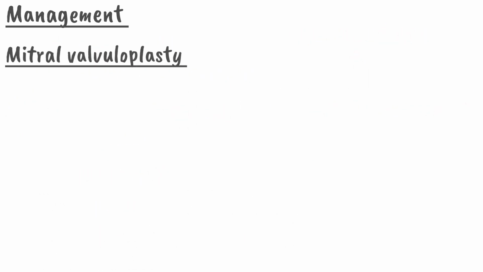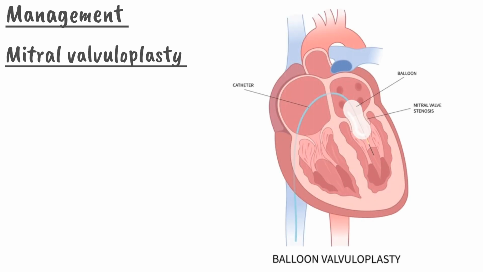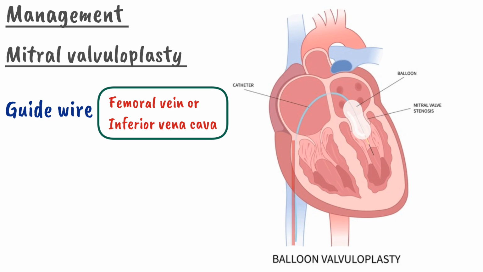Now let's discuss briefly how we will perform mitral valvuloplasty. In mitral valvuloplasty, we introduce a guide wire through the femoral vein and the inferior vena cava. It will reach the right atrium. In the right atrium, we puncture the interatrial septum, providing access to the left atrium and the mitral valve.